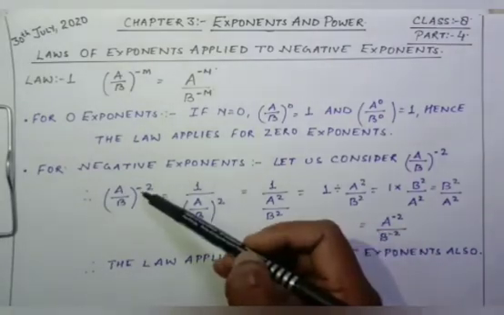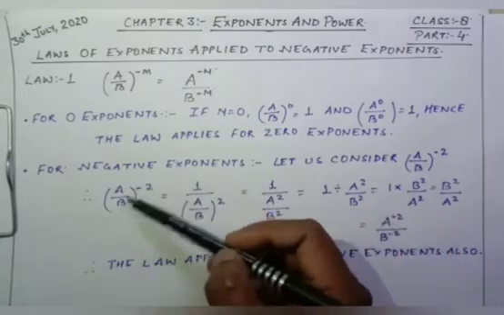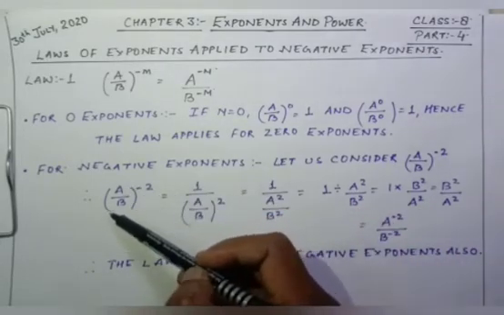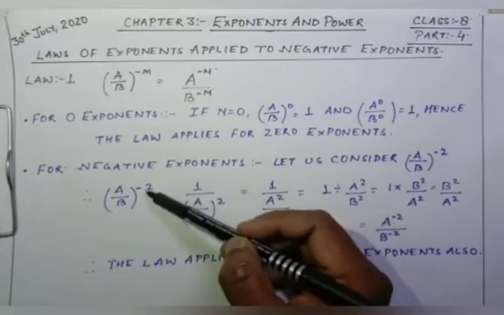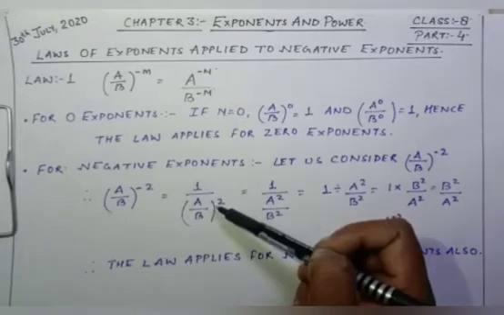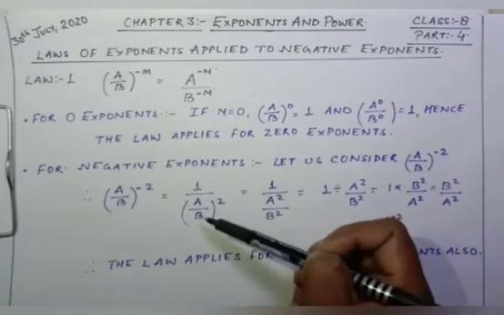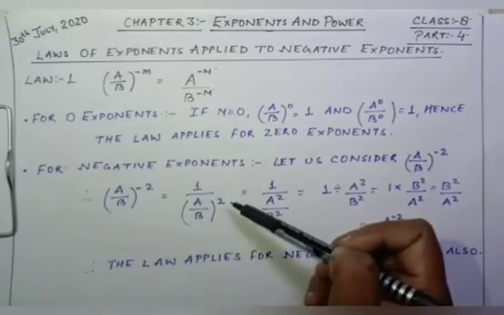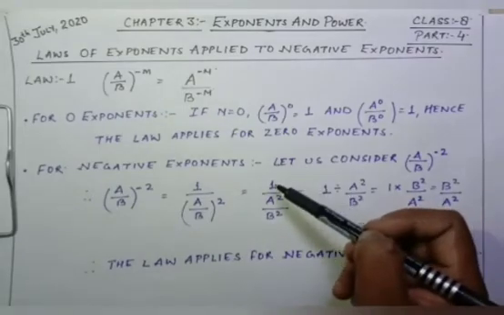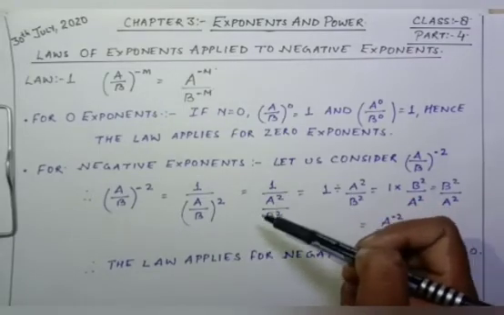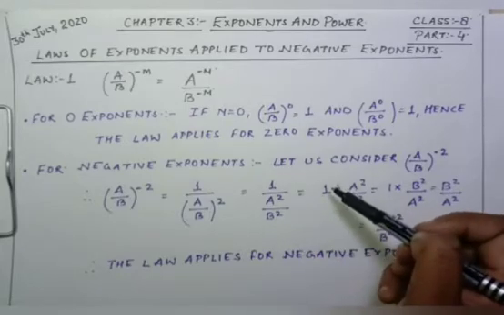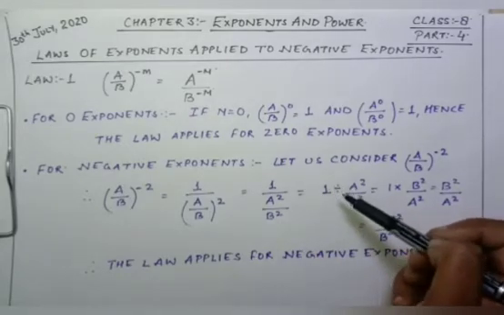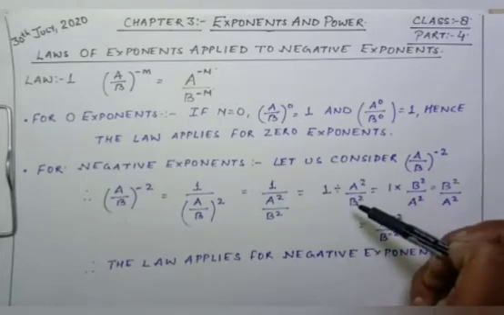When the power is negative, if I have to make the power positive, I bring the whole number that is at the numerator place to the place of denominator and the power will become positive. So it will be 1 upon (a/b) to the power 2, or it can be written as 1 upon a to the power 2 upon b to the power 2, or it can be written as 1 divided by a square upon b square.